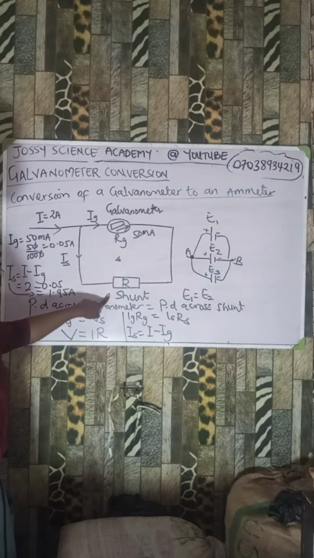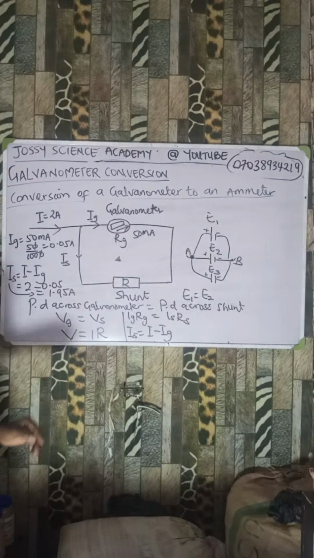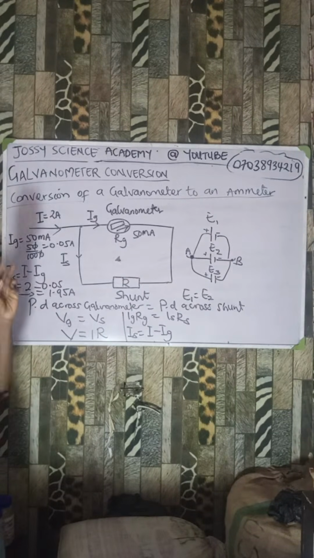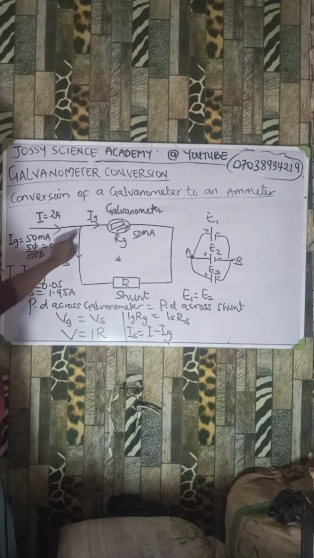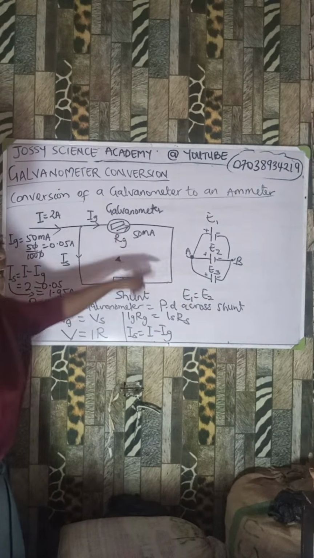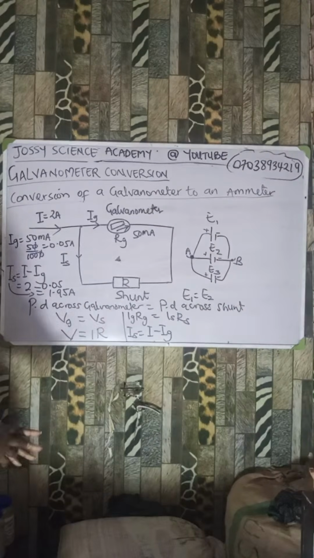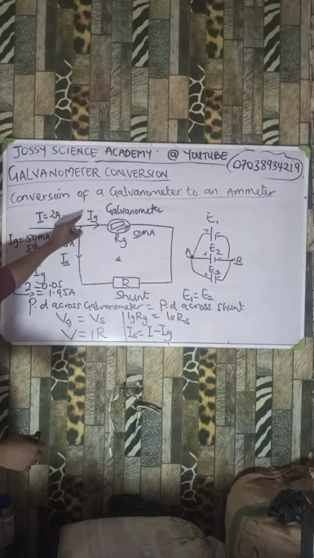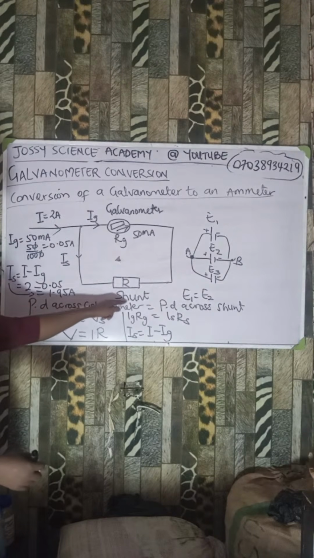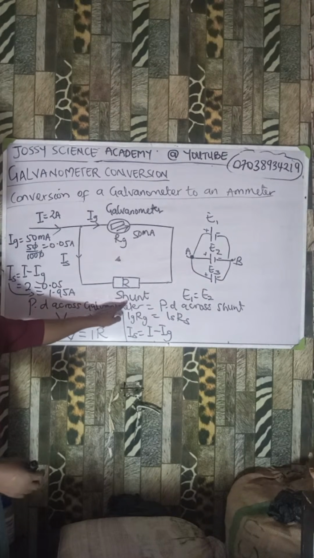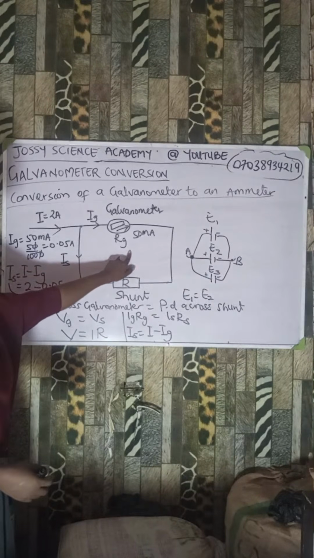What is the work of the shunt? It allows a small amount of current to flow to the galvanometer, and the large part of it will come to the shunt. Like now, current is flowing, coming to this point, there's a split. A large part of it is going to the shunt, while a small amount is going to the galvanometer.